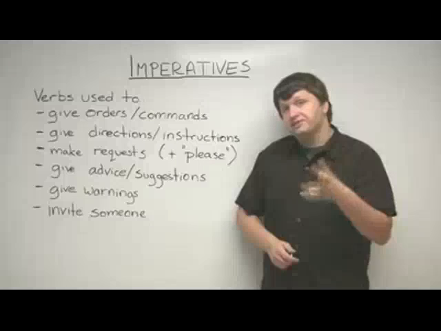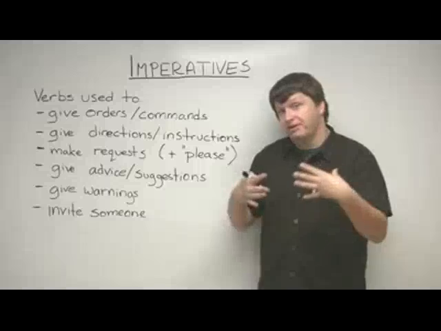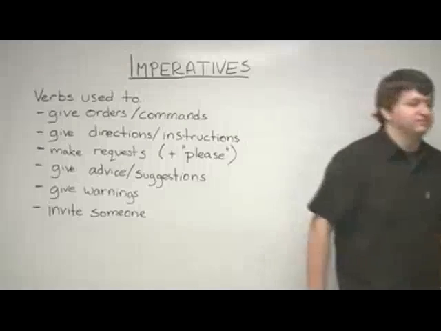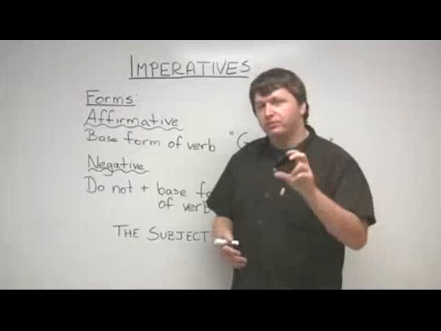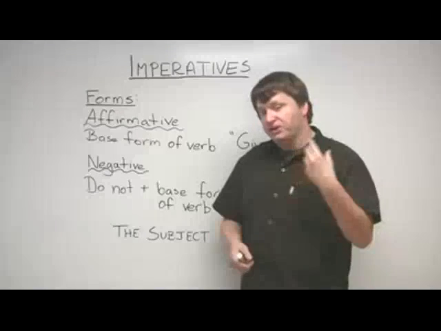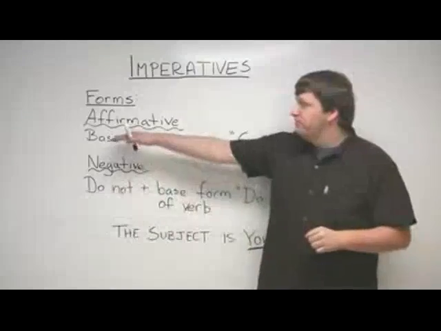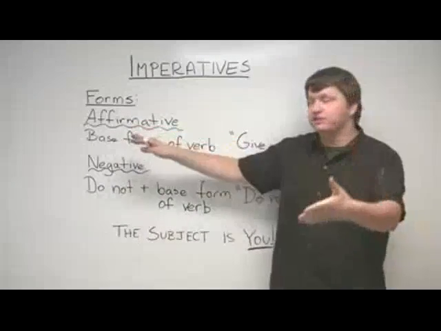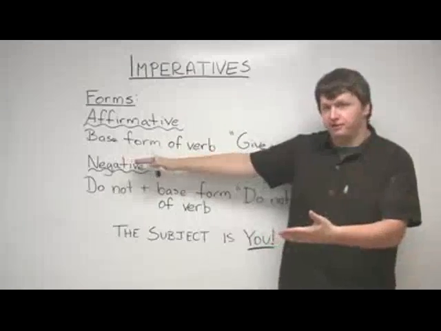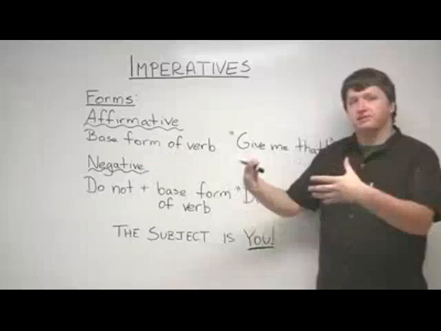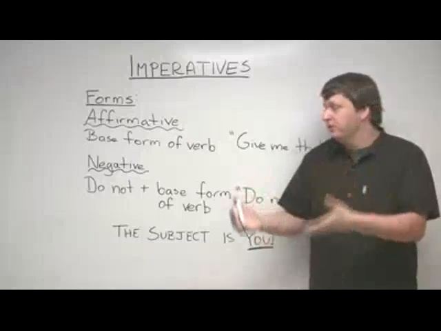Okay, so let's look at some of the rules now on how we can put these kinds of imperatives together. Okay, so let's look into this a little bit more in depth, just to make sure that you understand the form of how to use imperatives. Okay, so if you're speaking in the affirmative, so the positive sense, what you use is simply the base form of the verb, okay, plus, the command, the warning, whatever you want to accomplish, make the request.